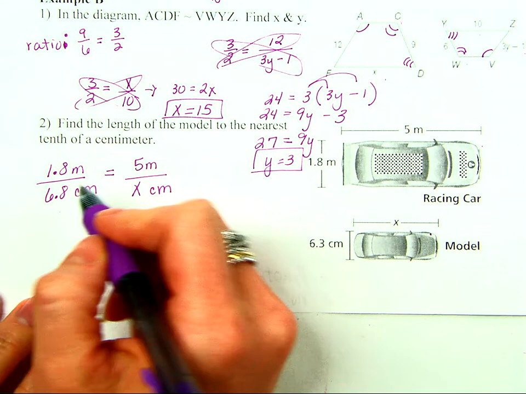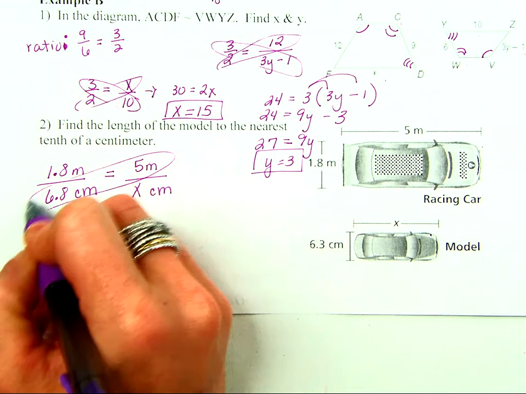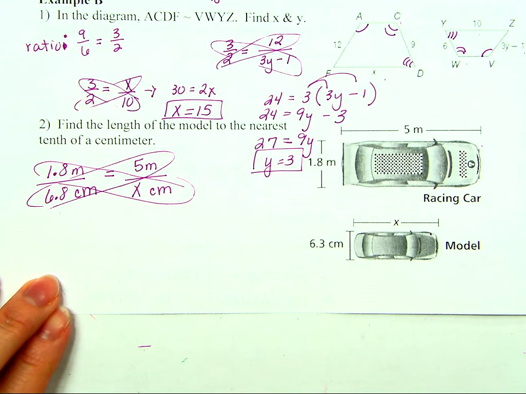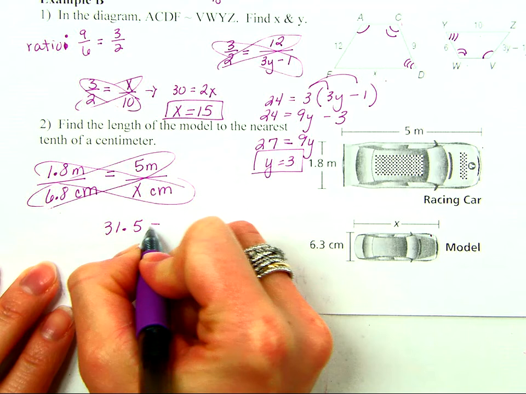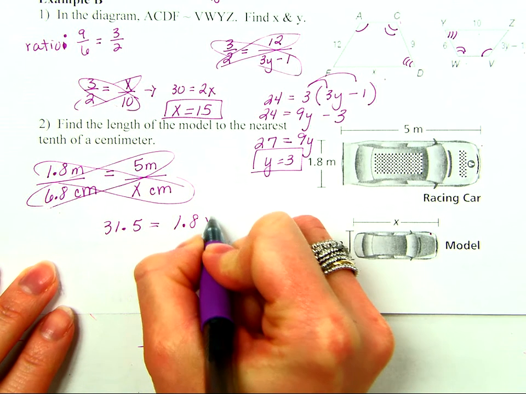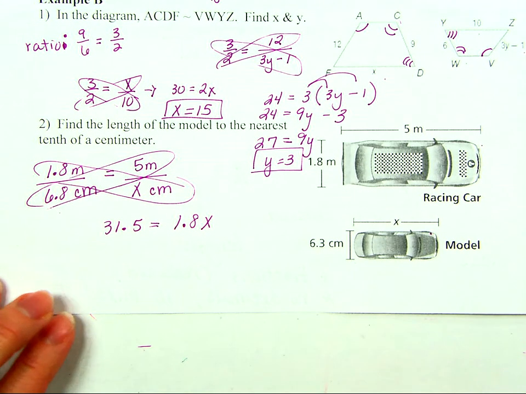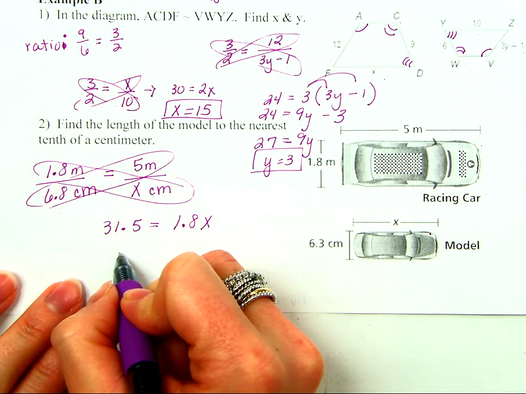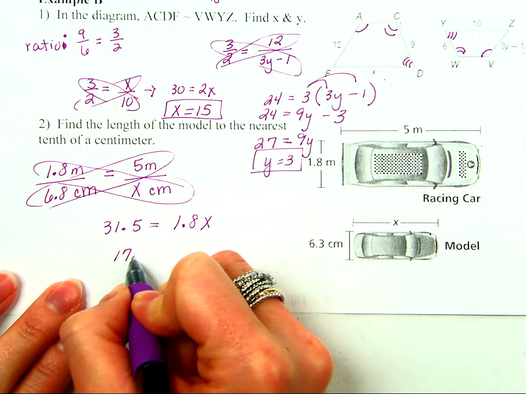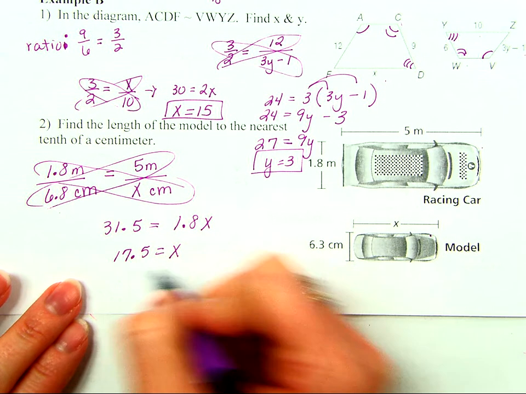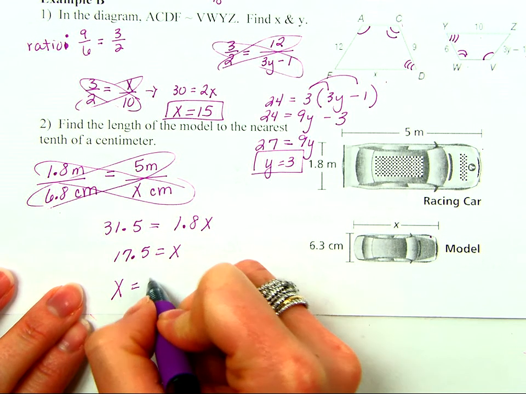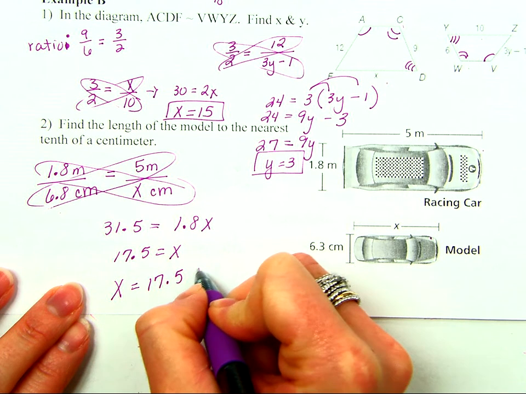I can take a look at my cross products. 6.3 times 5 is actually going to give us 31.5, and we would have 1.8x. Now we are looking to solve. We would divide, and we would find out 17.5 is equal to x, which would tell me that x is 17.5 centimeters.